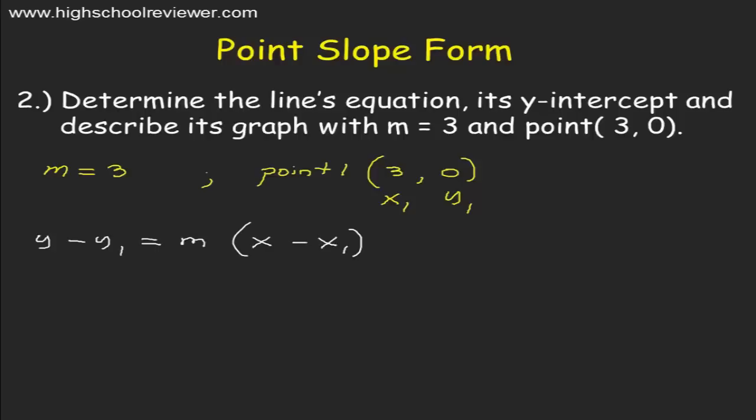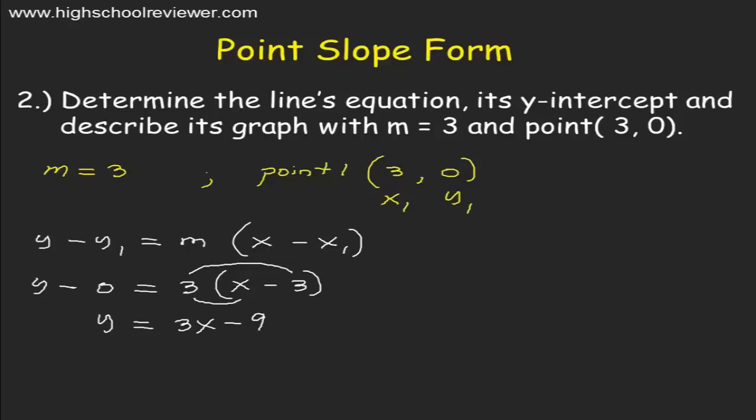Substituting the values, we have y minus our y sub 1, which is 0, equals our slope, which is positive 3, multiplied by x minus x sub 1, that is positive 3. So y minus 0 will be y equals 3 multiplied by x, that is 3x. And positive 3 multiplied by negative 3 is negative 9.